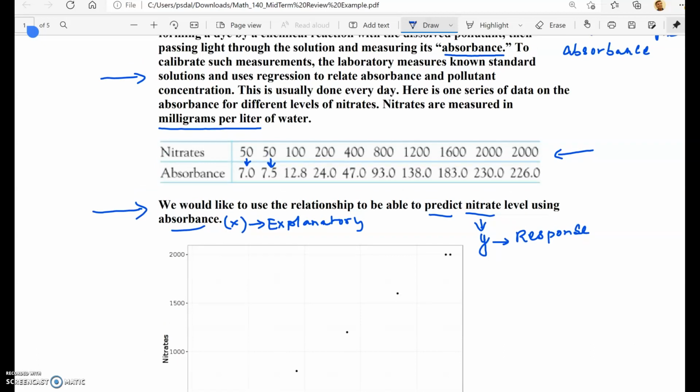So this is the sentence that helps us decide which one is explanatory and which one is response.